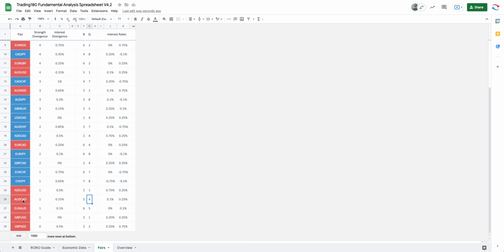So you can have, for example, a divergence where the Australian dollar currently are looking to hold rates, and the Canadian dollar are looking to hike rates. So that means that there's a bit of a divergence there between the central bank that is looking to appreciate their currency first compared to one that is lagging. Now, it might not necessarily seem like a divergence, but there is a difference there.